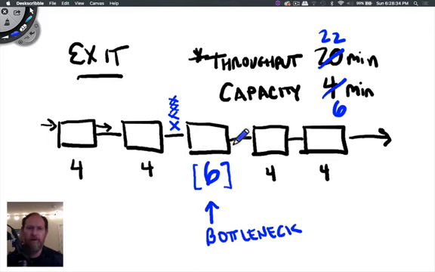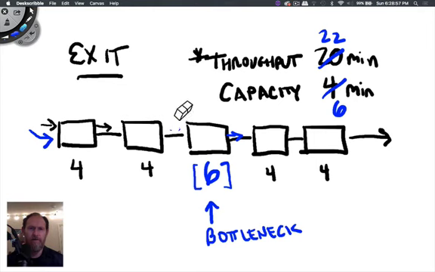Now, if we sent an item through every 6 minutes, so once it exits the station, we send the next item through, then it would operate a lot smoother. The capacity and the throughput wouldn't change, but we'd be able to get rid of a lot of this backlog or buildup right here.